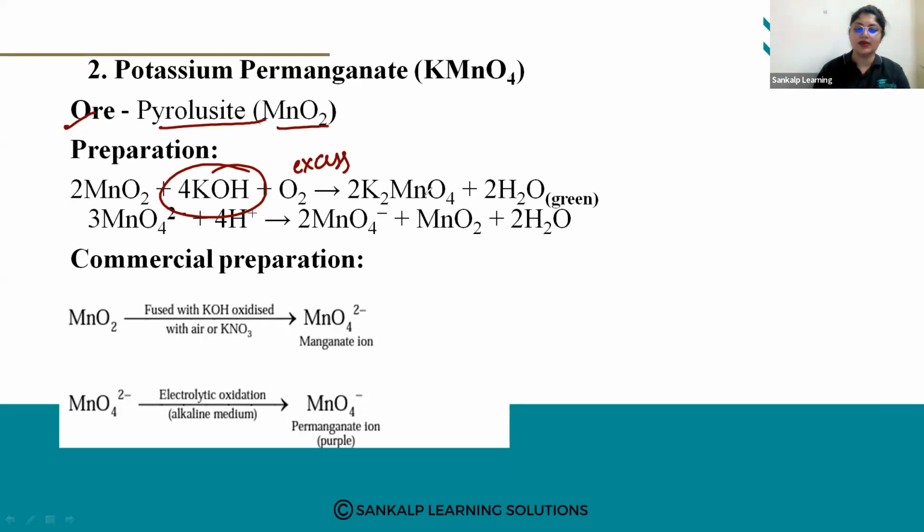It gives K2MnO4. Here, what is the oxidation state of Mn?